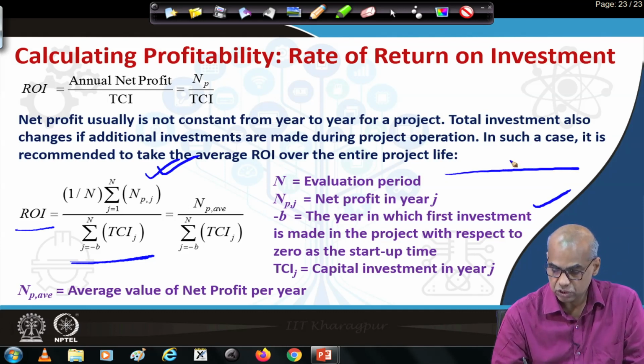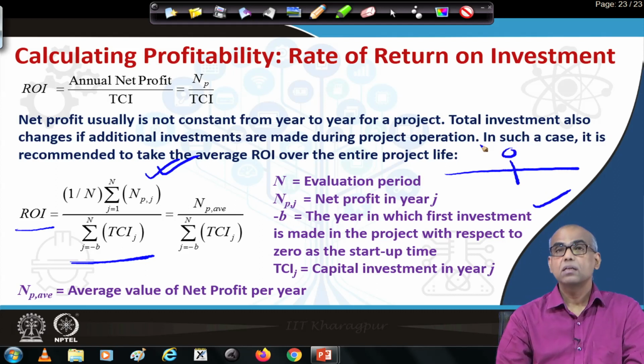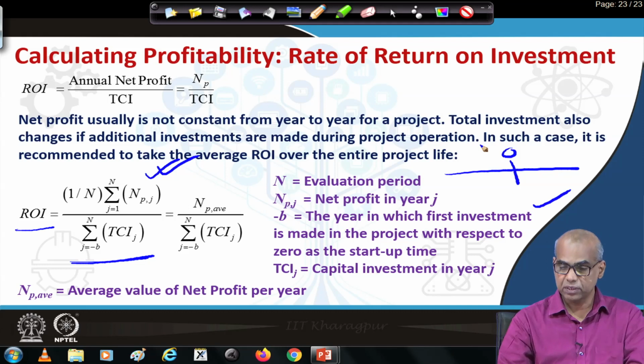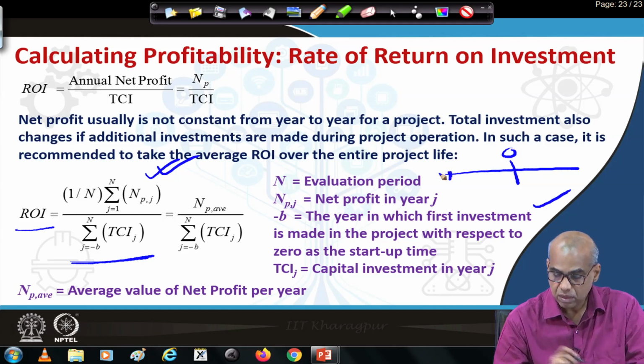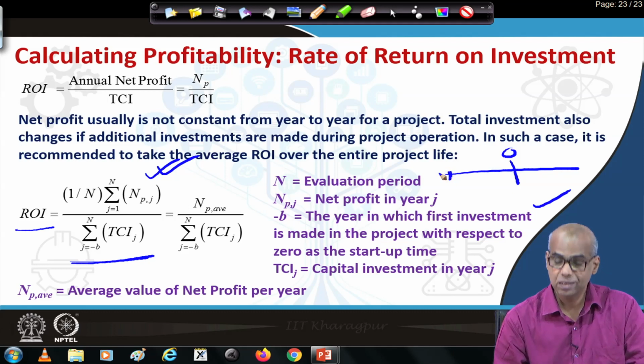So, this is 0, which is the startup operation, the beginning of the startup operation, and this is the time where you have started investing.